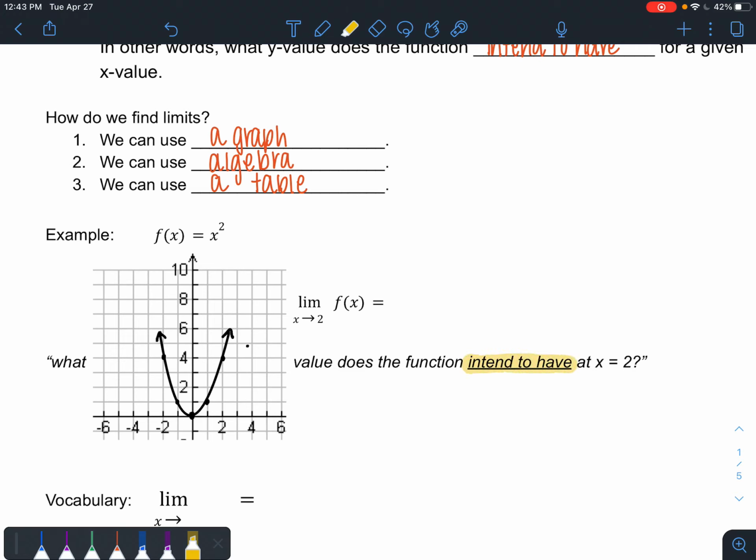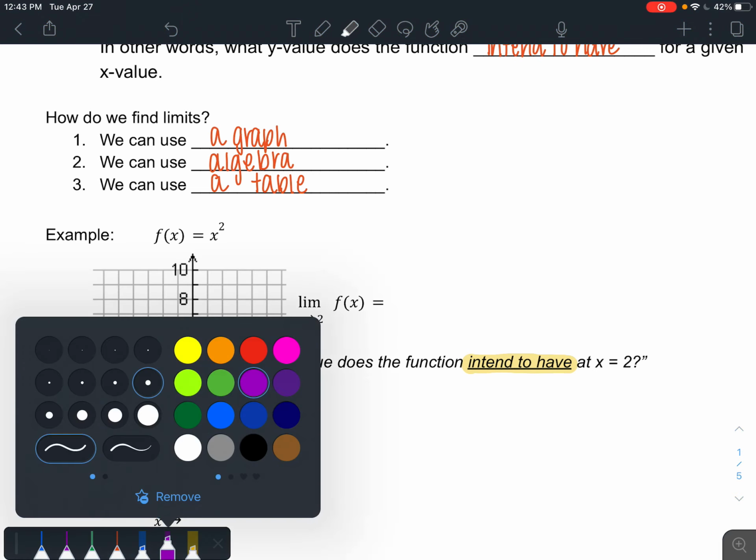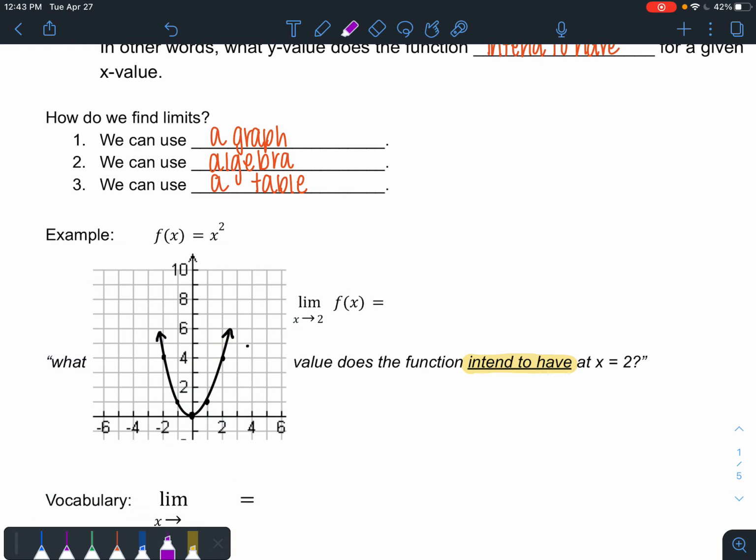With this problem, I'm going to go to where x equals 2. And I'm going to say, okay, what is y going to be at that point? Now with this, it's easily just 4.